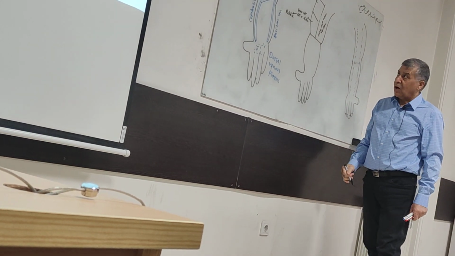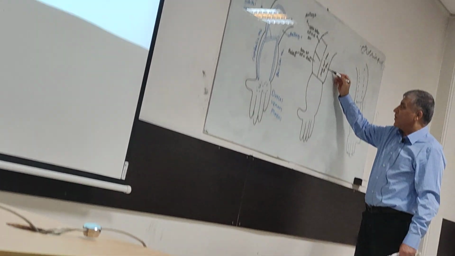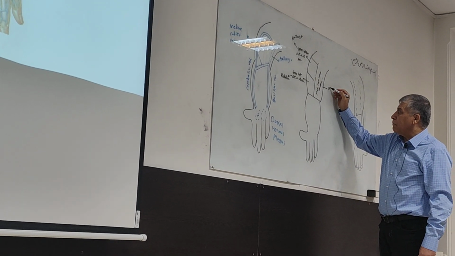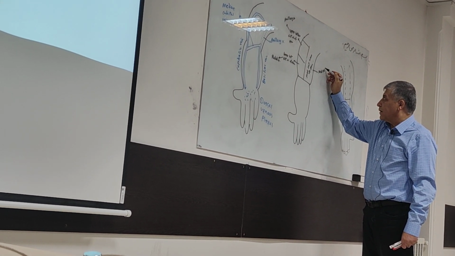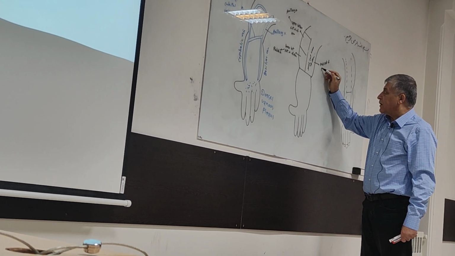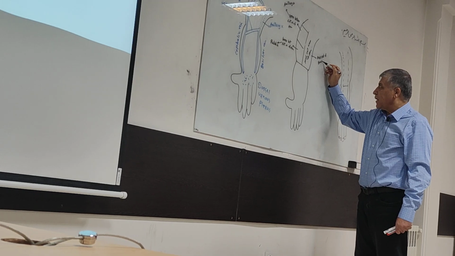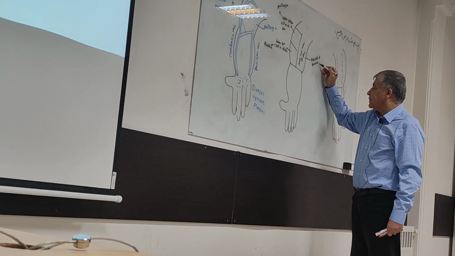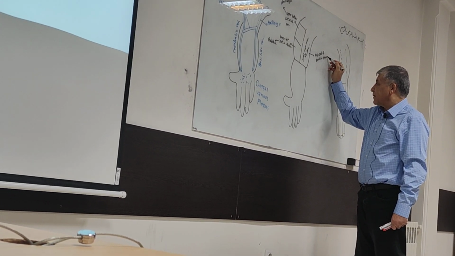Medial cutaneous nerve of arm is a branch of the medial cord of the brachial plexus.